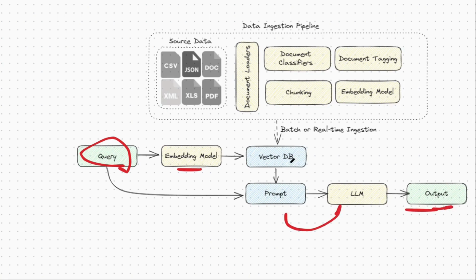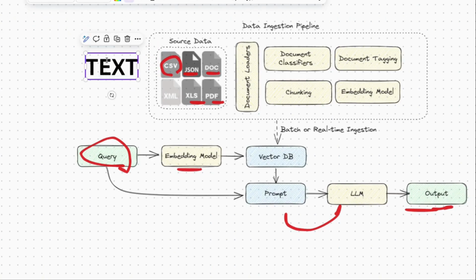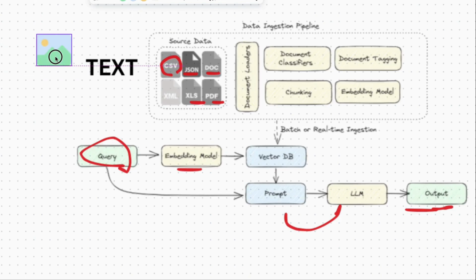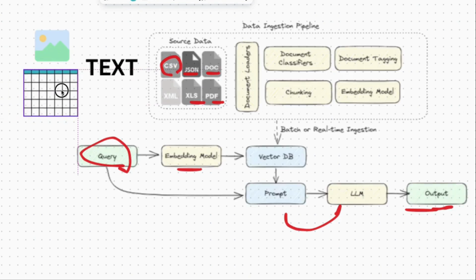But if you notice, when we deal with this, we have some source data, right? And this data is actually docs, CSV files, or PDFs. What I mean by this is all are text data, right? This is what we are trying to process. But in real life, when it comes to businesses and production-level systems, they not only process text, they want answers from images, sometimes from tables or from charts, right?